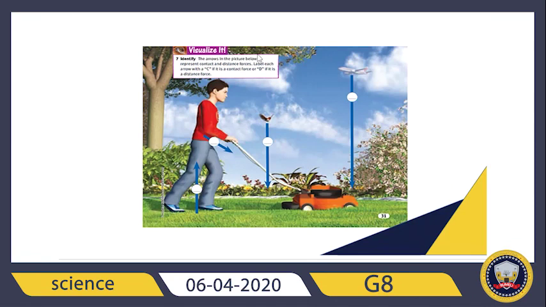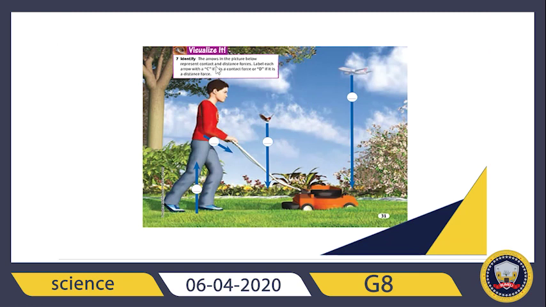So guys, here in this image we have different objects, and as you can see, certain forces are exerted on these objects. The question is: the arrows in the picture below represent contact and distance forces.